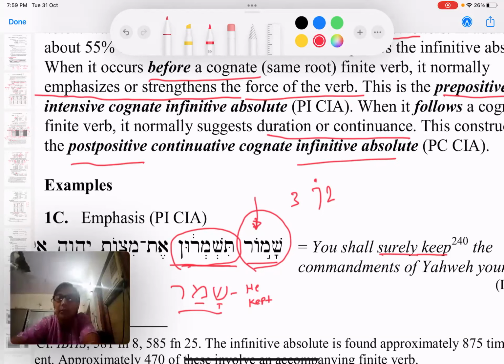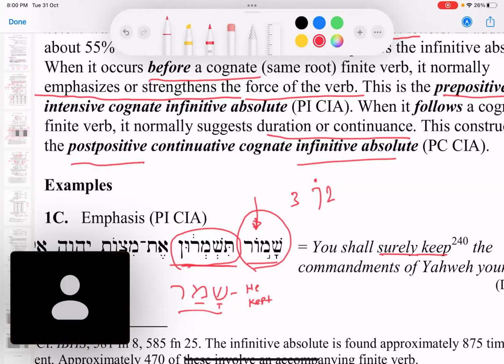I think you will find this verb in Genesis, when God commands Adam and Eve. What does he command? The day you eat the fruit of it, you will surely die. Correct? You will surely die.